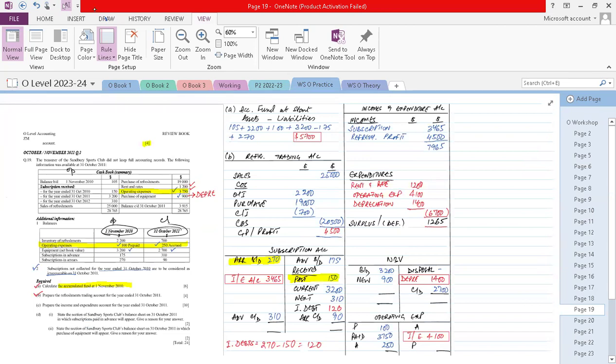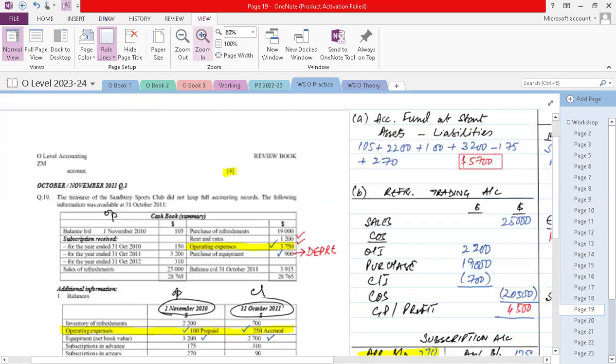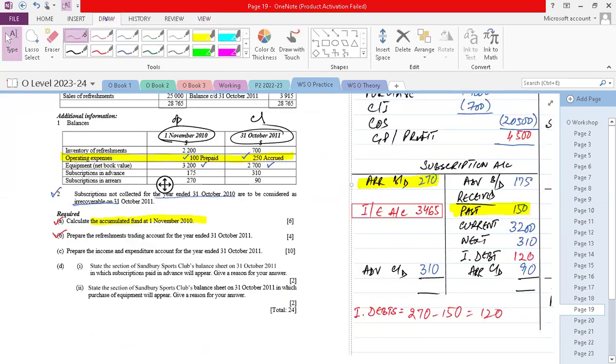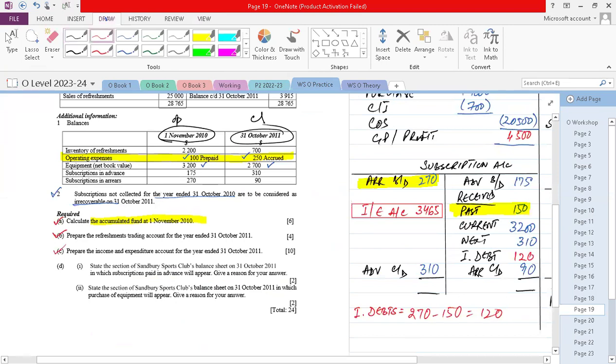Done? Okay, let me help you out for making SFP. This is not required in this question; I'm just guiding you in case the examiner asks for SFP, how can you make it?